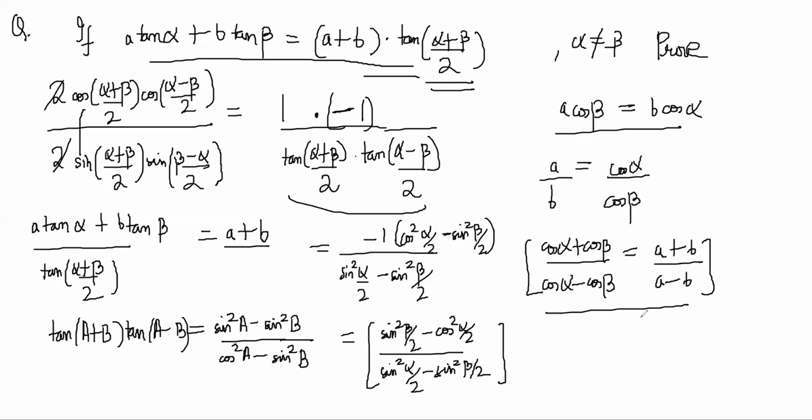A tan alpha plus b tan beta is equal to a plus b tan alpha plus beta by 2. So maybe I've been doing it wrong. I'm complicating it too much.